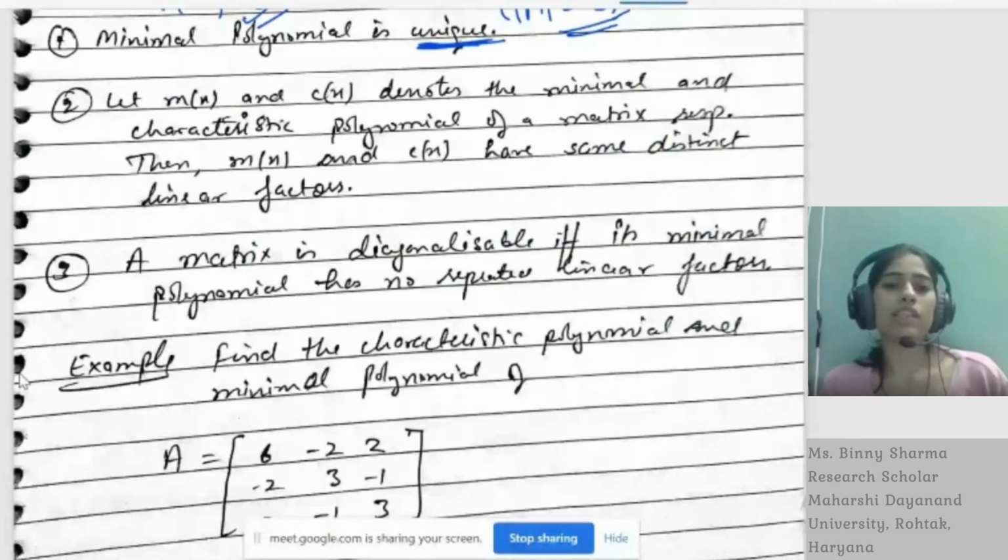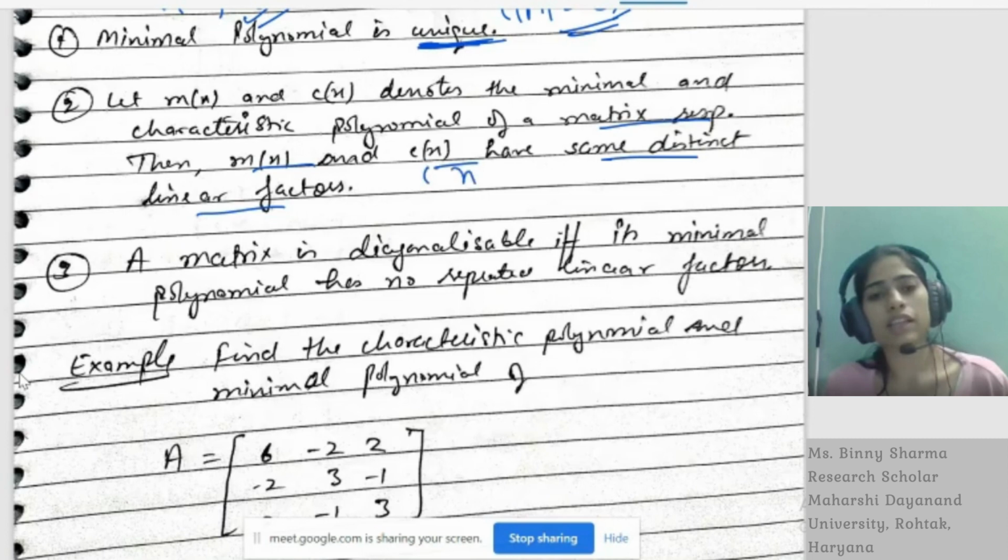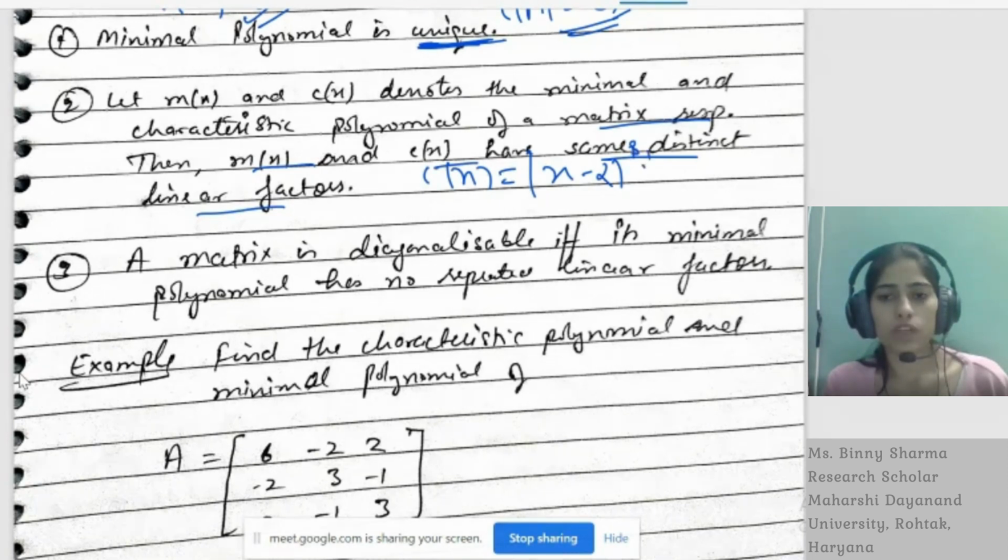Let M(x) and C(x) denote the minimal and characteristic polynomial of a matrix respectively, then M(x) and C(x) have the same distinct linear factors. Like we have C(x) equal to x minus alpha 1 to the power beta 1, x minus alpha 2 to the power beta 2, up to x minus alpha r to the power beta r.